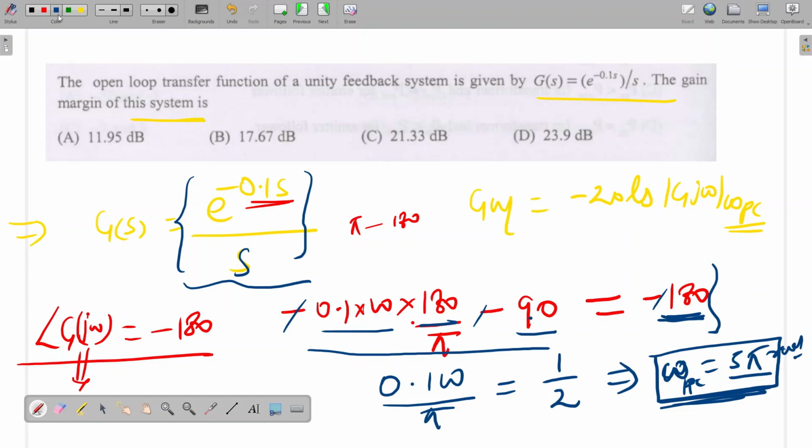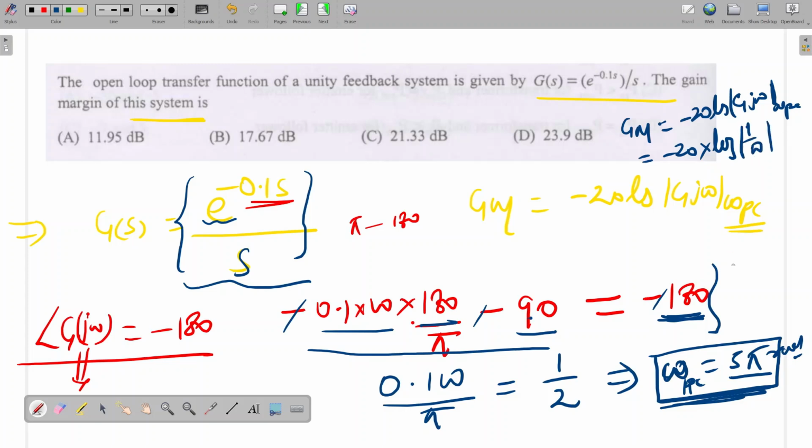So, what is the gain margin? Gain margin will be equal to minus 20 log of the magnitude of G(j omega) at omega pc. So minus 20 into log, what is the magnitude of this system? The exponential magnitude is 1, and then 1 by j omega, so the magnitude will be 1 by omega.